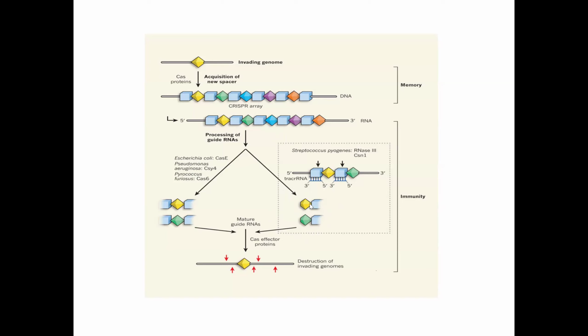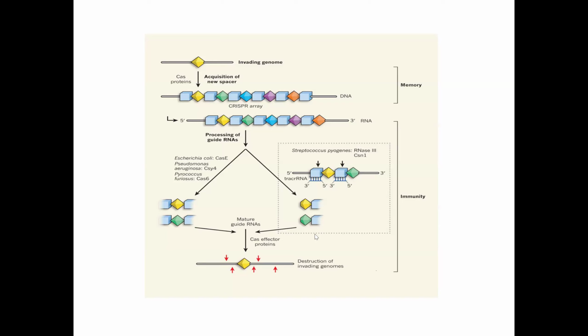Now, this repeat-spacer motif can bind with the tracrRNA. Particularly, the repeat sequence binds to the tracrRNA, and that forms a guide RNA. This guide RNA is able to bind with the protein, the Cas9 protein. The Cas9 protein is able to target a particular region of the target genome based on the spacer sequence, whatever sequence is there in the spacer of the guide RNA.